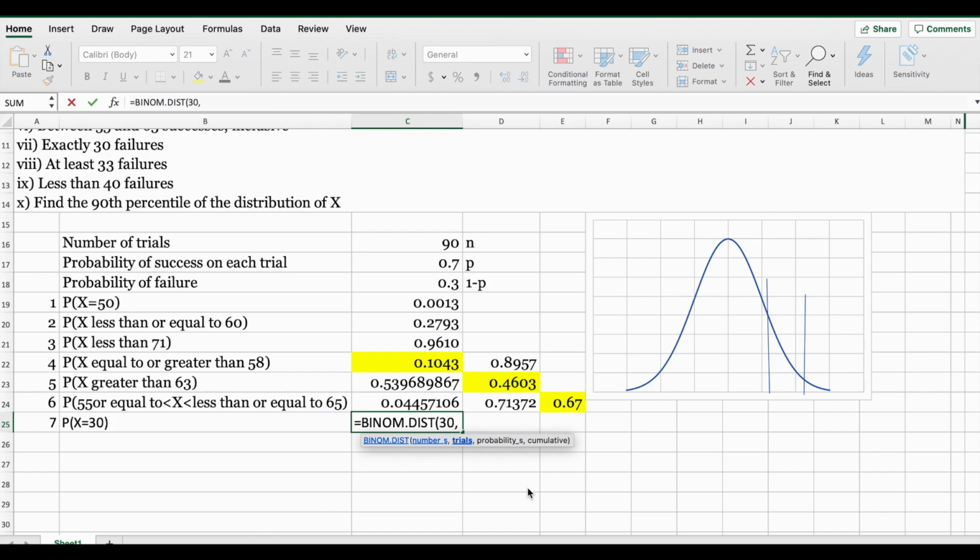Here for trials, we're still going to use 90 because that's the total number of trials. Now here, probability of success, we're now going to put 0.7. You can either put 1 minus 0.7 or you can directly put 0.3. So since we're looking at the probability of x when it's exactly 30, here we're using the false statement.